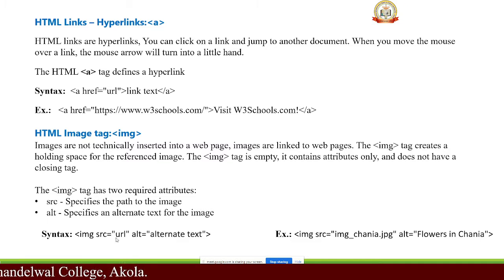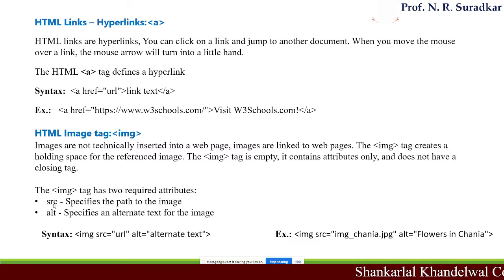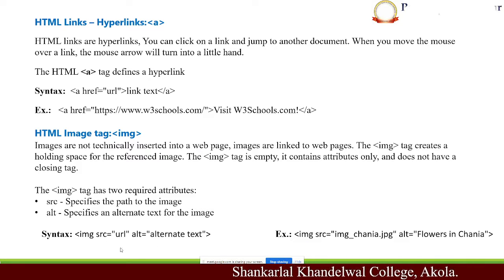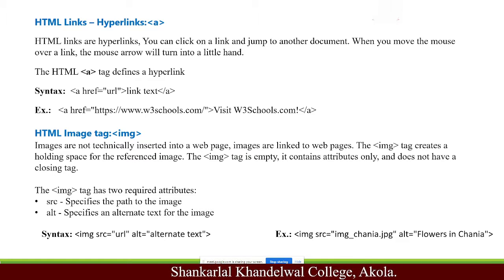Okay. Here also the img syntax: img, and there are two attributes we use here, src and alt. Src specifies the path to the image. Wherever the image is stored, that path has to be used there, and only then will that image show on your web page.